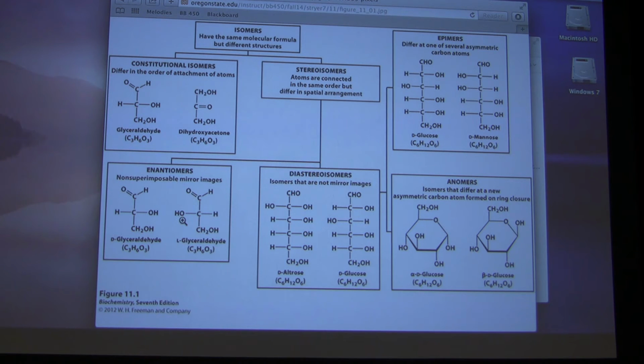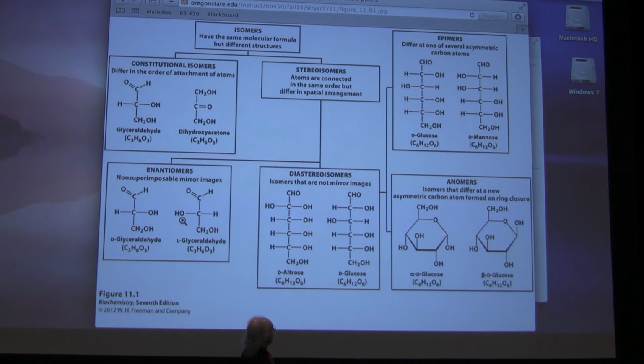Now, I haven't talked yet about cyclization of sugars, but we will talk in a minute about the fact that straight-chain sugars, if they're 5 or 6 carbons long, can fairly readily form ring structures. And when they form ring structures, they create a new asymmetric carbon. That new asymmetric carbon is called the anomeric carbon.